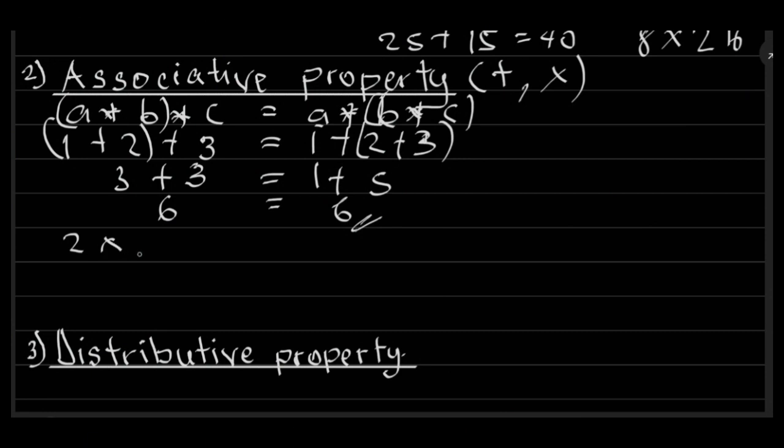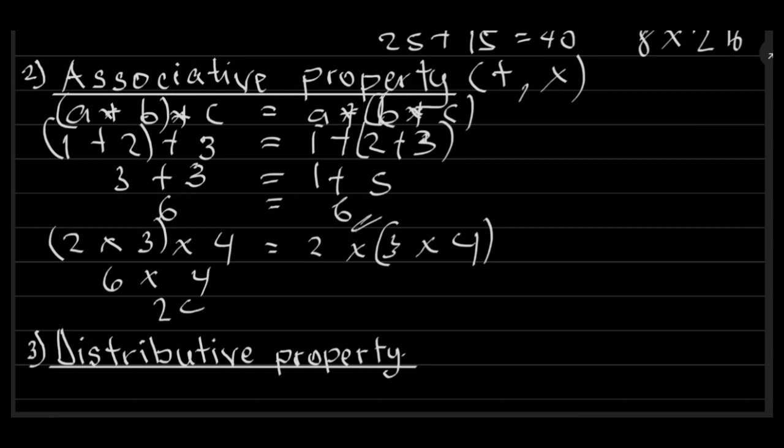Now when you have 2 times 3 times 4, it should be equal to 2 times 3 times 4. It doesn't matter if you solve 3 times 4 first or 2 times 3 first. 2 times 3 is 6. 6 times 4 is 24. On the other hand, 3 times 4 is 12. 12 times 2 is also 24.